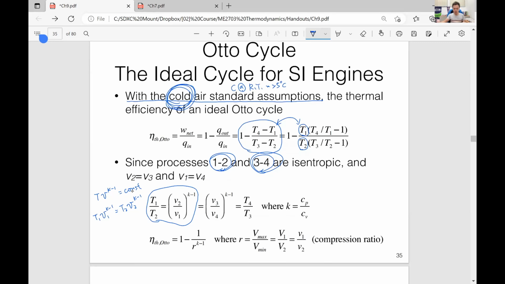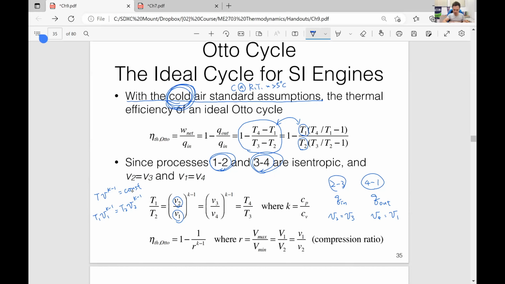Okay, then 2 to 3 and 4 to 1. 2 to 3 is a constant volume heat addition, right? And 4 to 1 is a constant volume heat rejection. So constant volume means V2 equals V3, and V4 equals V1. Okay, so V2 is replaced by V3, V1 is replaced by V4.